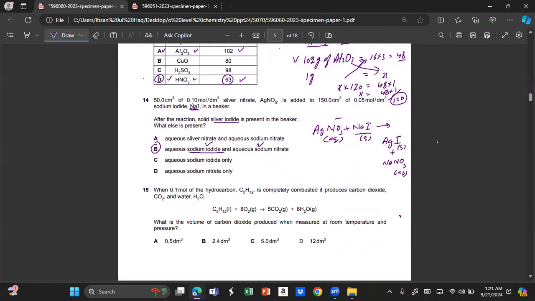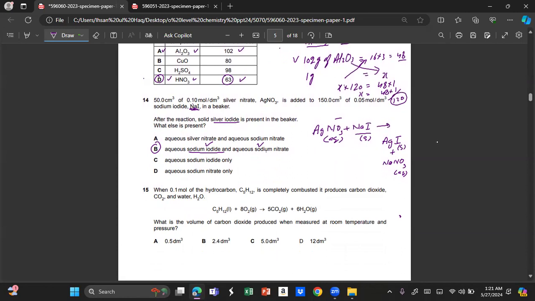Question number 14. 100 cm cube of 0.10 mole per dm cube silver nitrate solution is added to 150 cm cube of 0.05 mole per dm cube sodium iodide in a beaker. After the reaction, solid silver iodide is present in the beaker. What else is present?